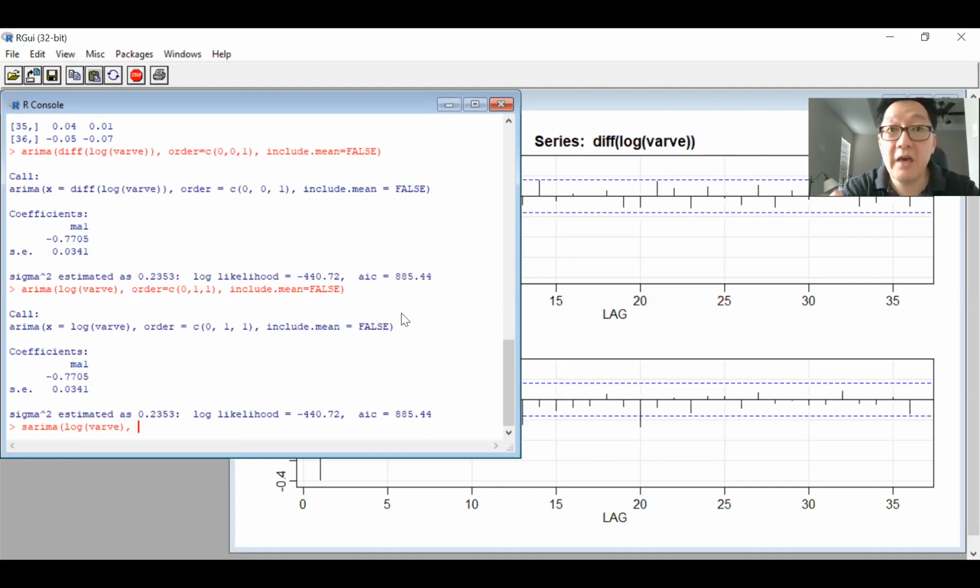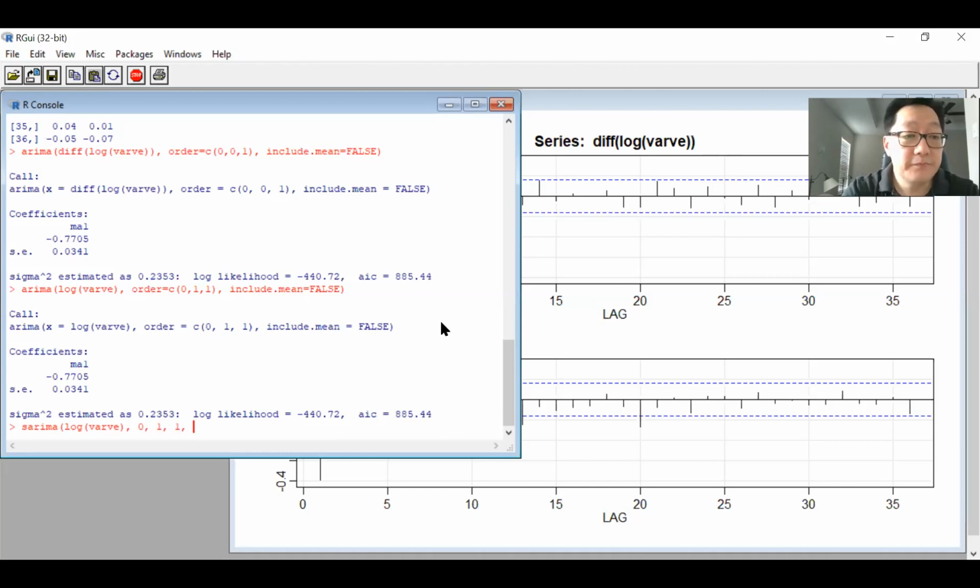We have to take the difference using the number of parameters. The options are a little different. Before, in arima, we used the option named order equal to something. But in this case, we just plug in the values, the number of parameters: 0, 1, and 1.